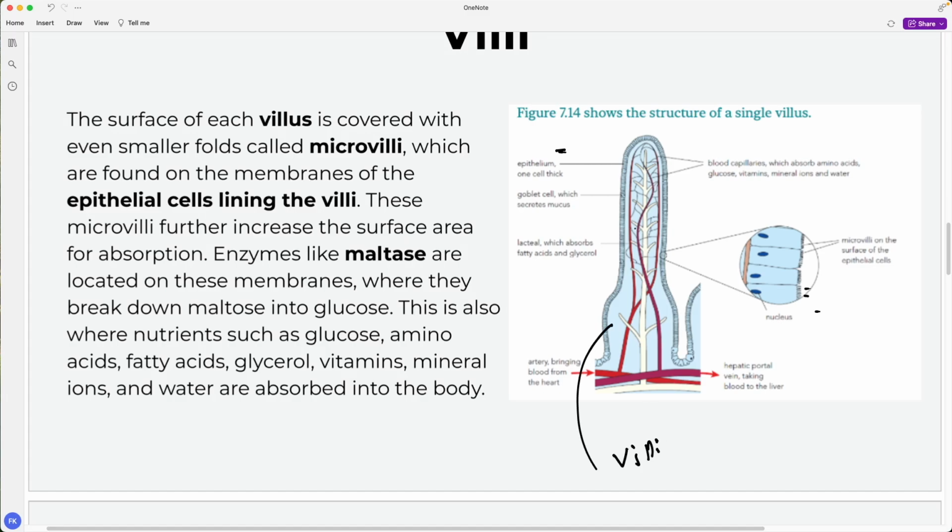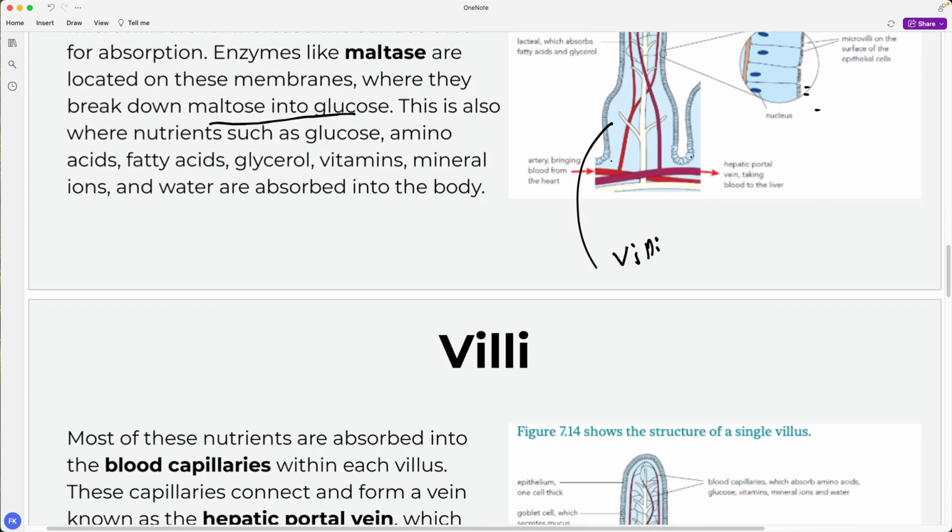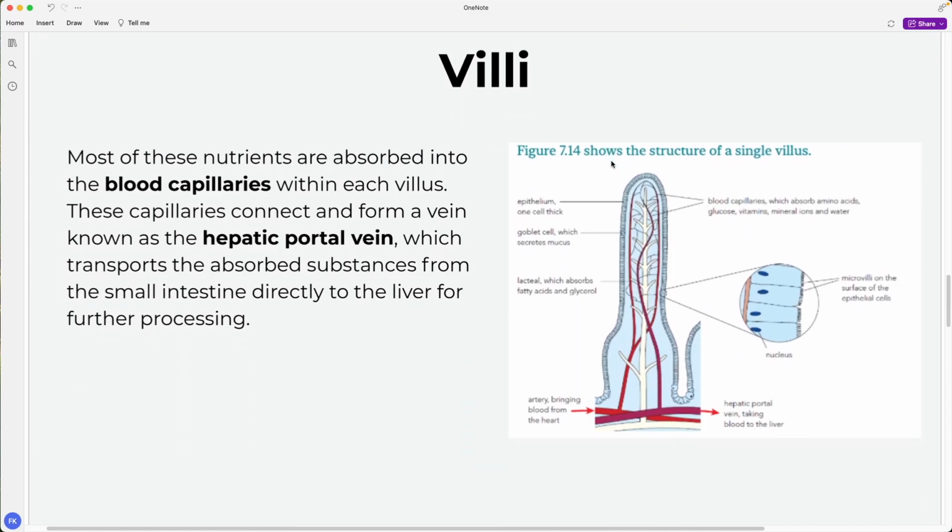But on the surface of the epithelial cell, you will see there are a lot of microvilli, which actually increase the surface area of the villi, and it is where the enzyme maltase acts, which breaks down maltose into glucose. This is also where the nutrients such as glucose, amino acids, fatty acids, glycerol, vitamins, minerals and water are absorbed into the body.